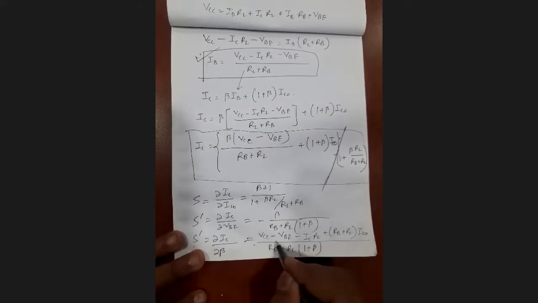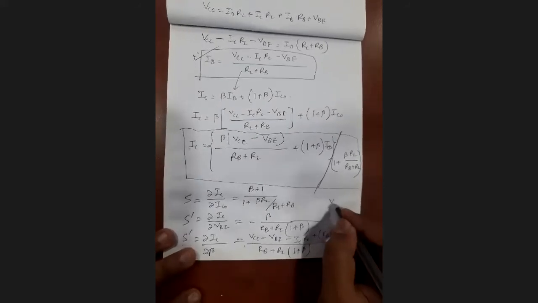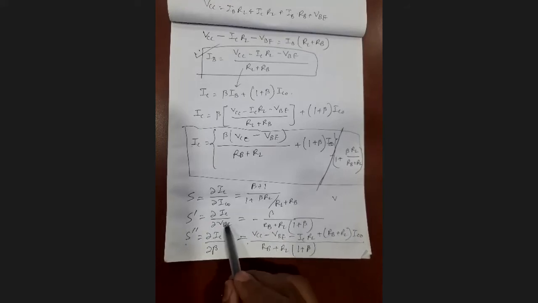Sir, in the denominator of S prime there will also be 1 plus beta RL, right? Del IC by del beta equals beta divided by (RB plus RL) into (1 plus beta).